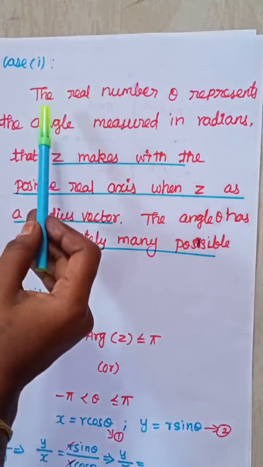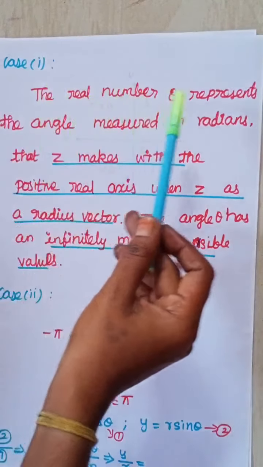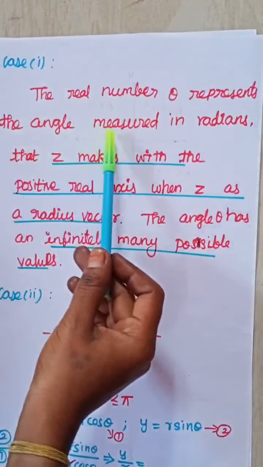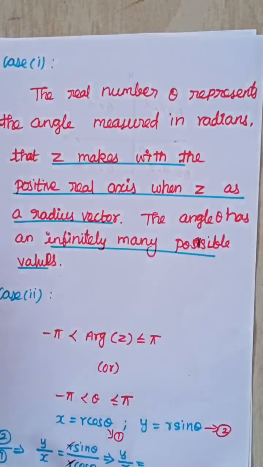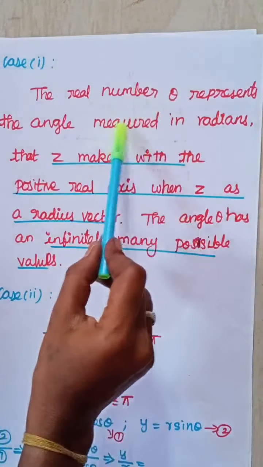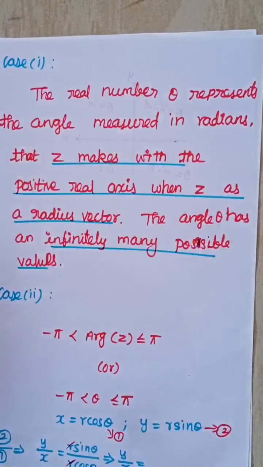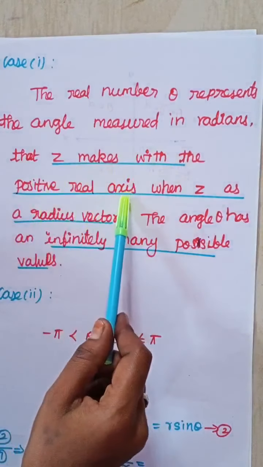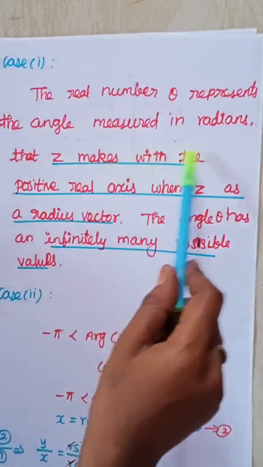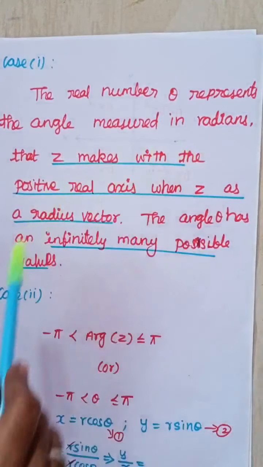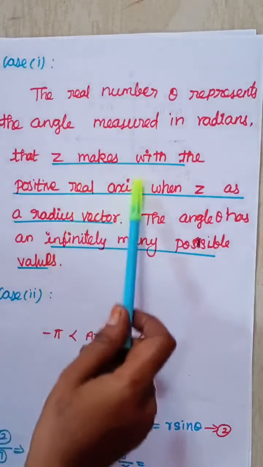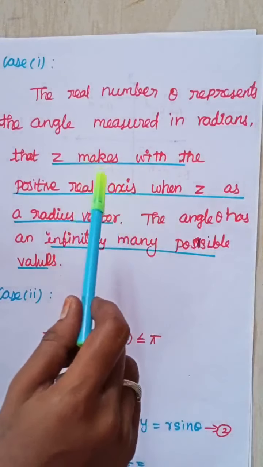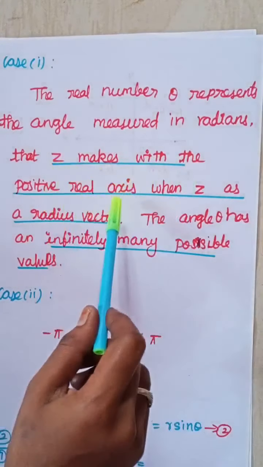See case 1. The real number theta represents the angle, measured in radians, that Z makes with the positive real axis. We have already studied this in the lower classes. The real axis is nothing but the x-axis, the positive x-axis.